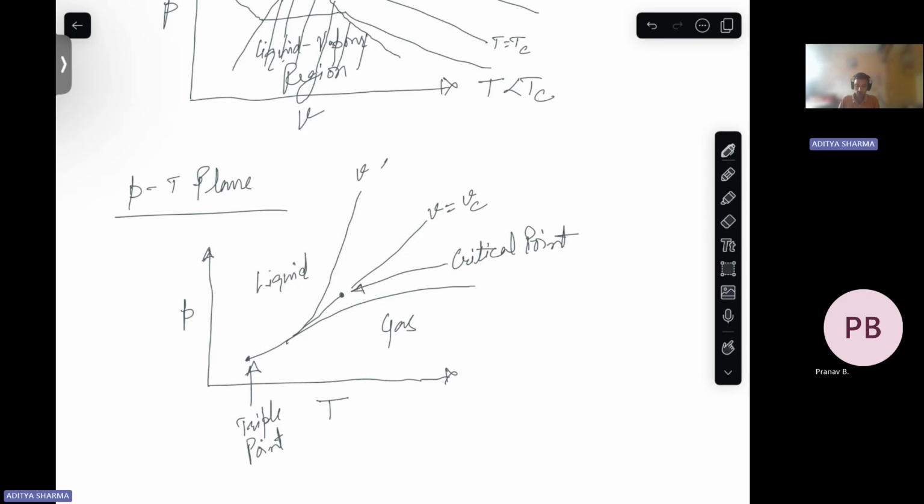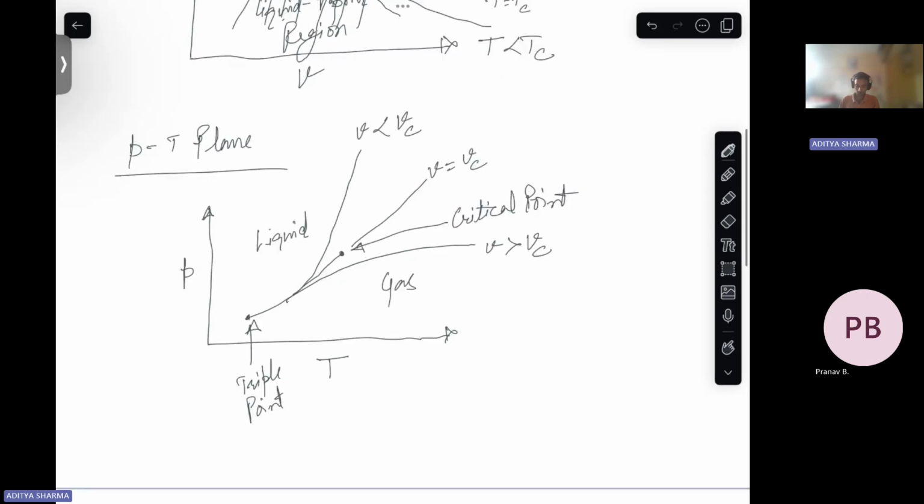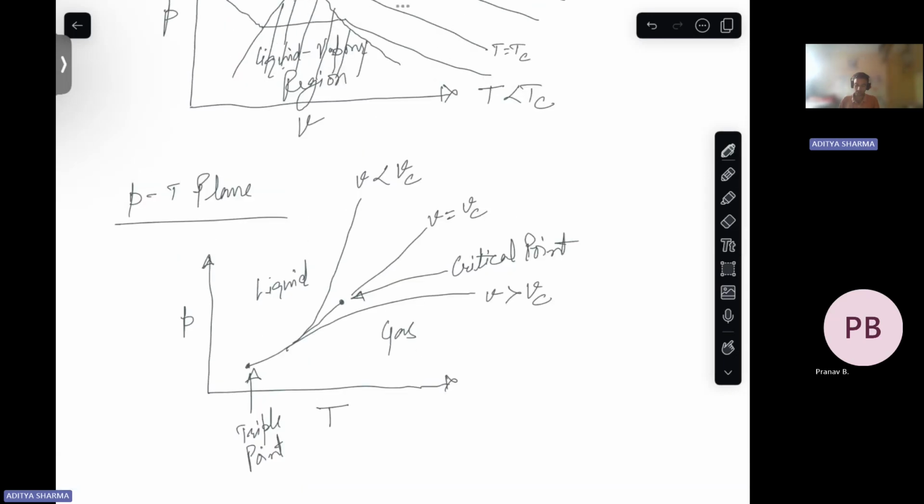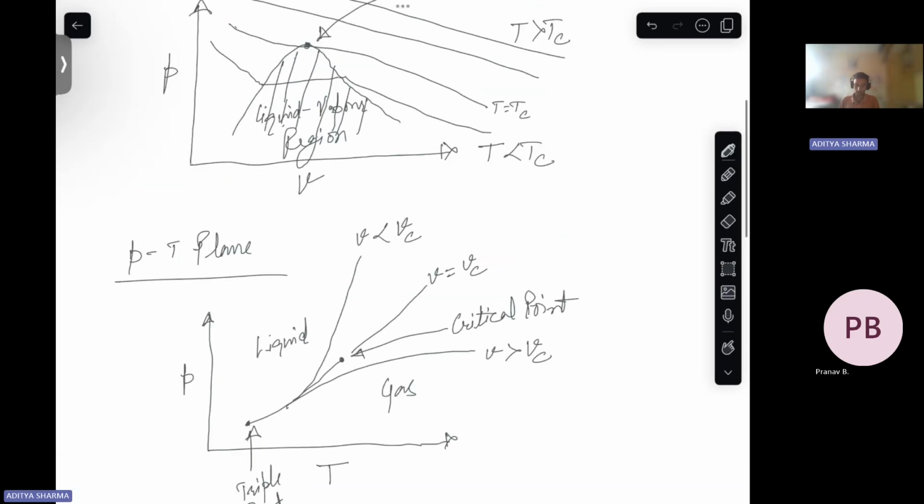And the specific volume to the left is less than critical specific volume, and to the right is greater than critical specific volume. So the whole idea of using the diagrams only is that things become very easy to visualize if we have the diagram in our mind.